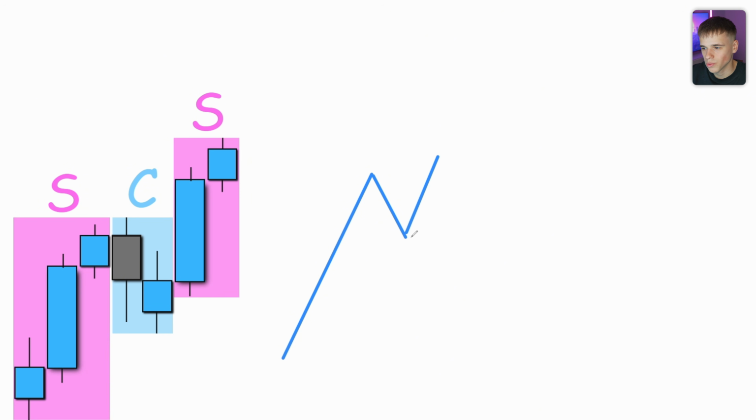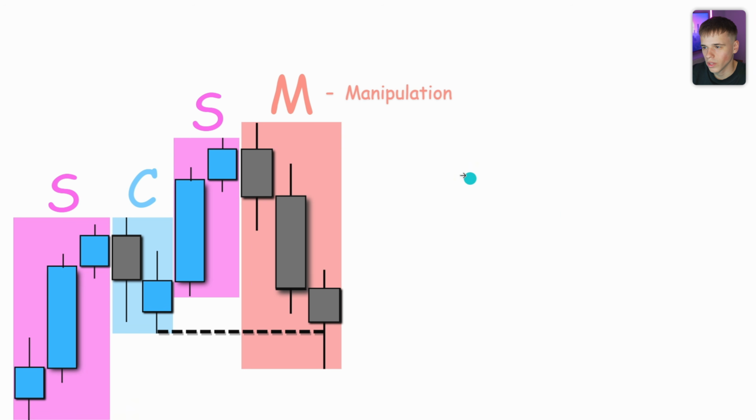But this is just what we need to know to come to the key part of this strategy, which is what is making it so good. So once we know that market needs to make structure and it needs to correct after structure, so the market can actually rebalance buyers and sellers in the market, and it continues to do structure legs, which is just pushing to one side, the key part of this strategy is going to be called manipulation.